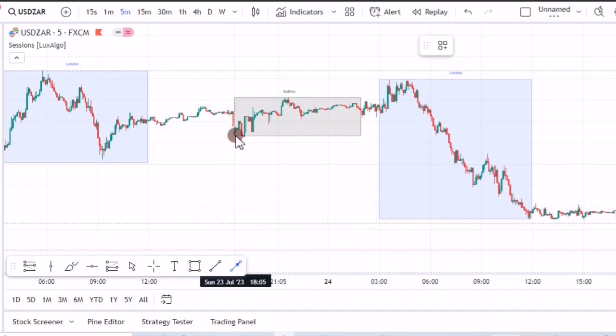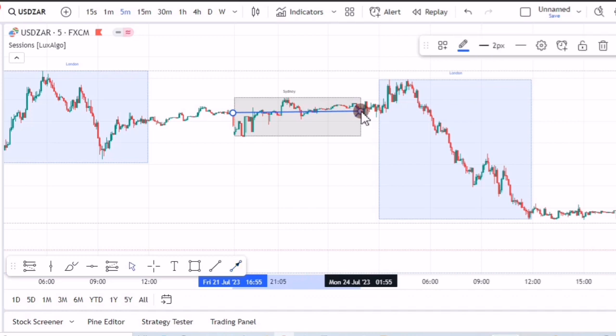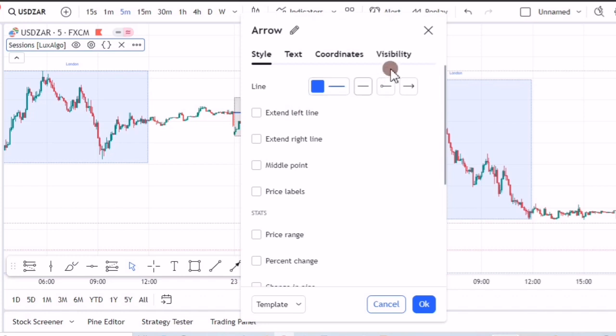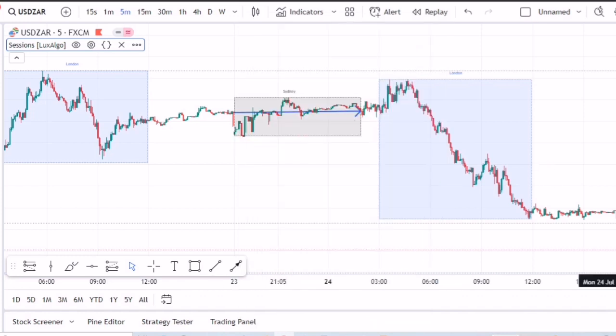Okay, see what happened right here. Price, we can say it started somewhere here and ended up there. So it is ranging for the most part on the Sydney session.